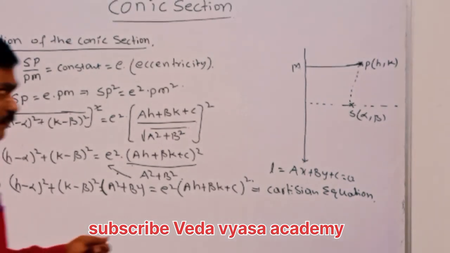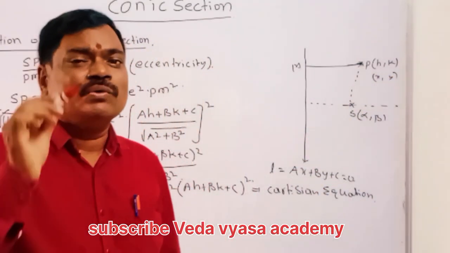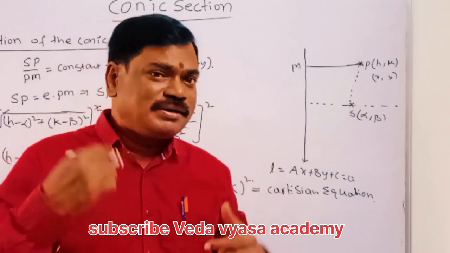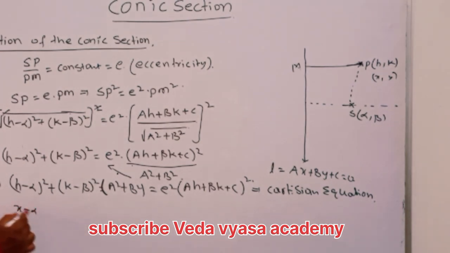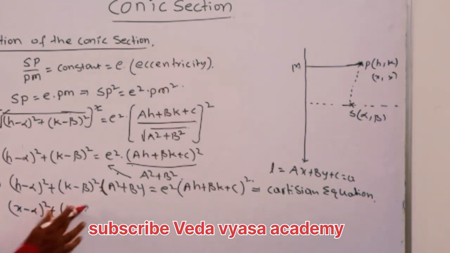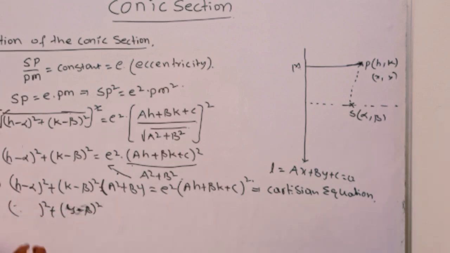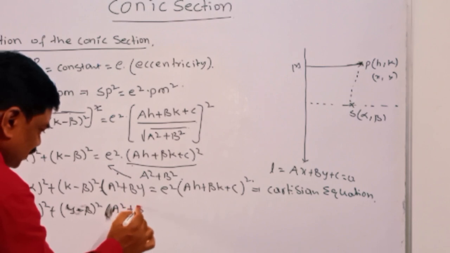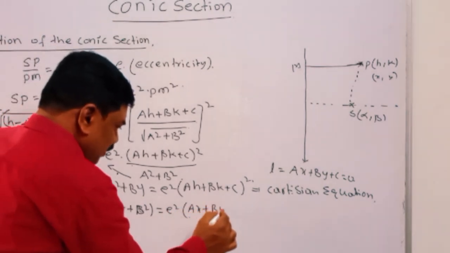Okay, all of you. Suppose the locus of P is represented as (x, y), instead of the point (h, k). Then the generalized locus of P(x, y) is represented as ((x minus alpha) whole square plus (y minus beta) whole square) into (a square plus b square) is equal to e square of (ax plus by plus c) whole square.